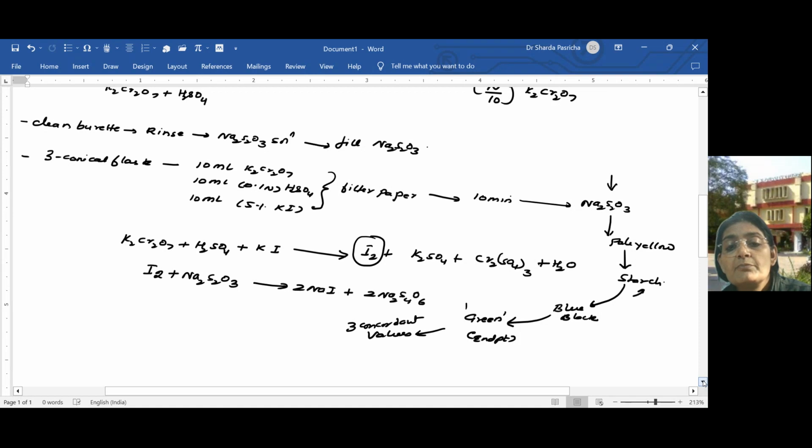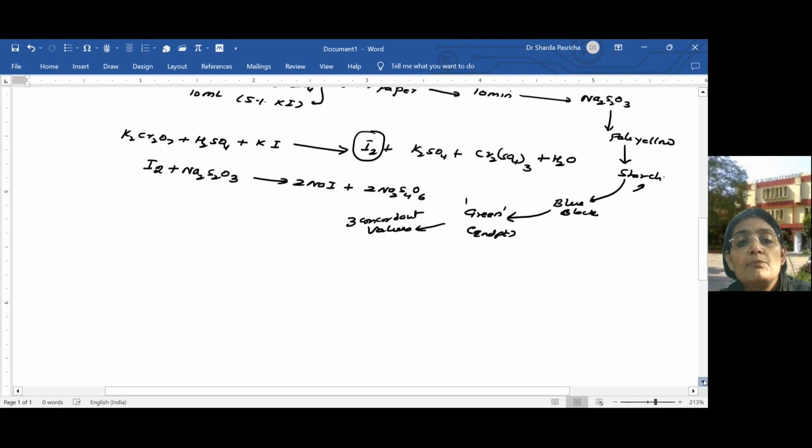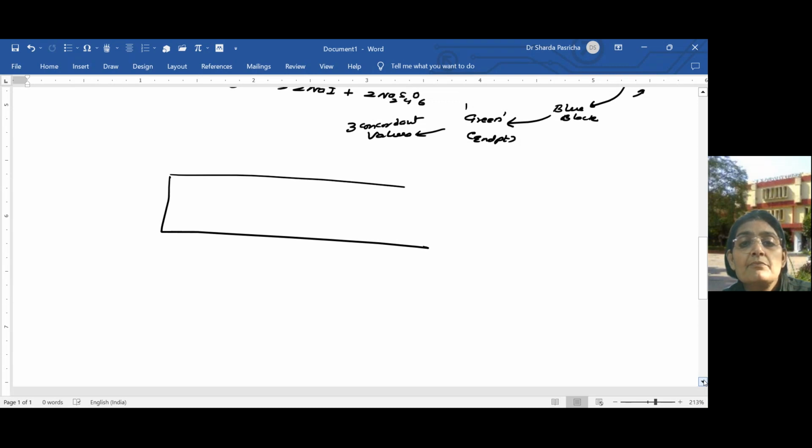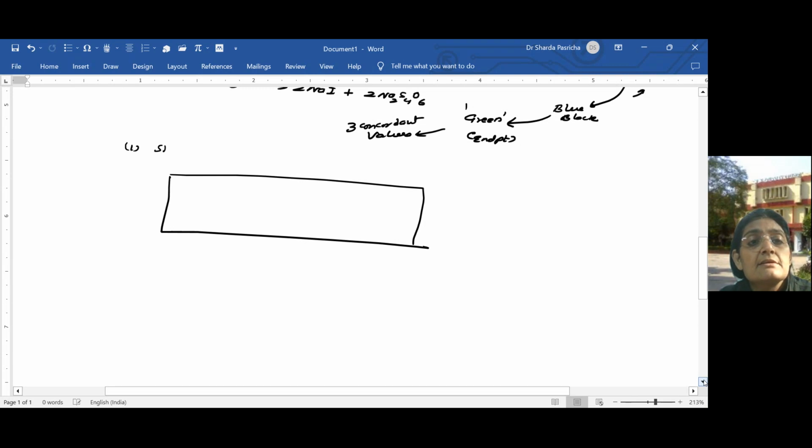Note the volume of sodium thiosulfate used in the titration. Then you draw a table and label it as standardization of sodium thiosulfate solution.